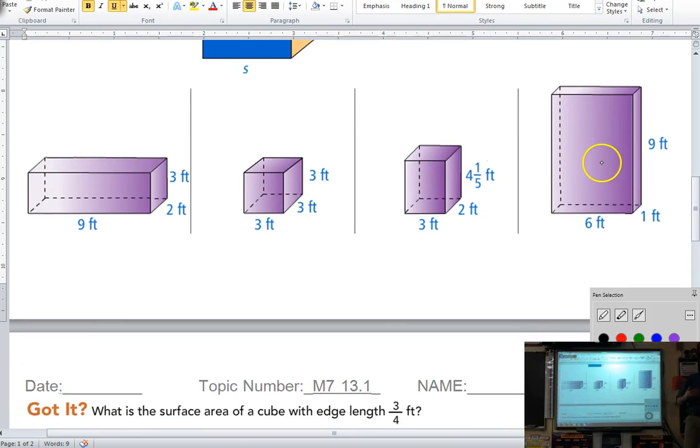So let's practice the first one using the formula that we've been given. So let's do our lateral area using that perimeter times height. So set up, please. Lateral area will be perimeter times height. We are going to use the bottom as our base.